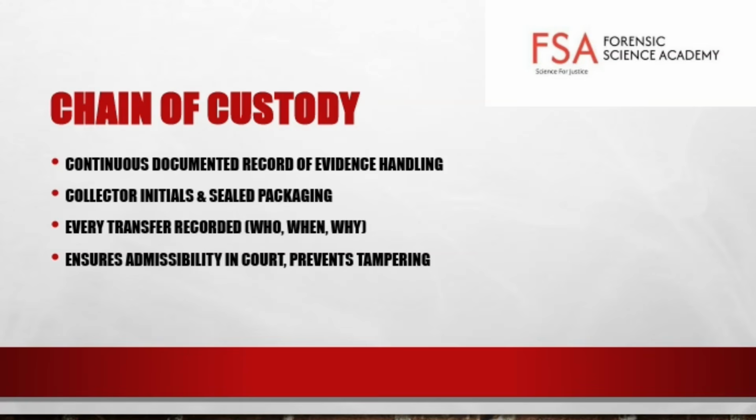If even one link is missed, the defense can claim tampering. For example, in several high profile cases worldwide, gaps in the chain of custody led to evidence being ruled inadmissible. This shows how fragile but powerful proper handling can be.